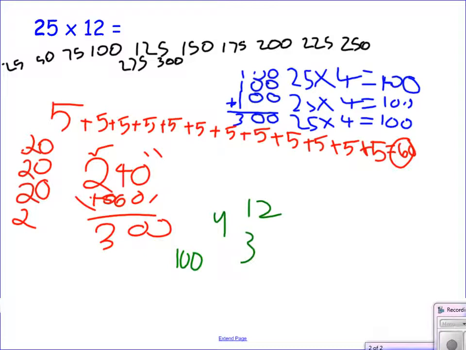So you knew that 4 goes into 12 3 times, so you did 4 times 25 3 times, so you did 100, 100, and 100. Good. Okay. When he's writing the rest of it, did anybody do it differently than this?